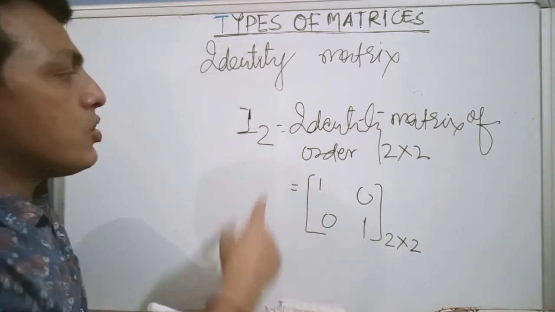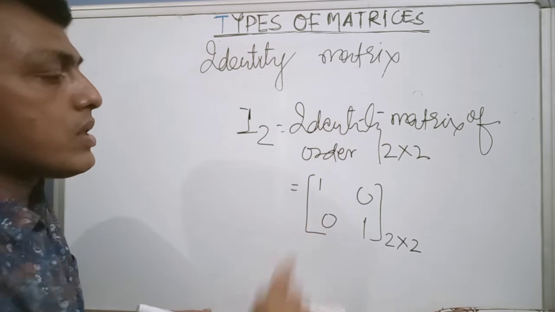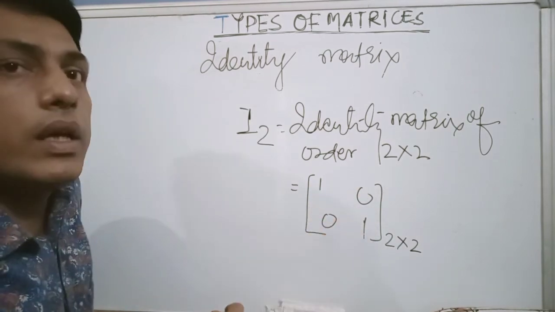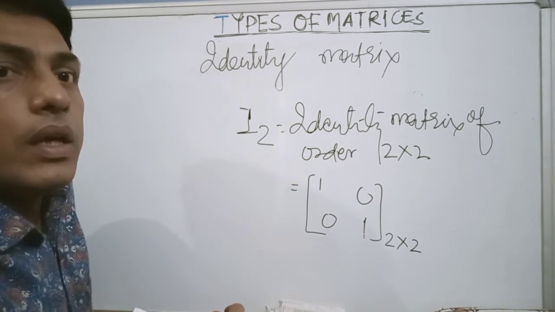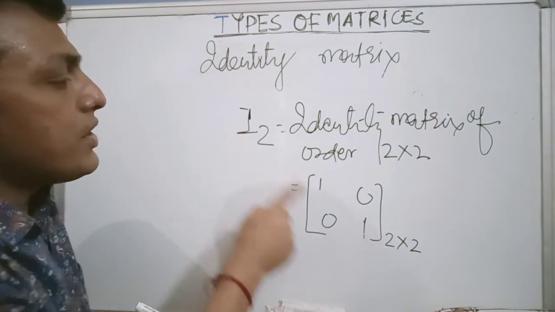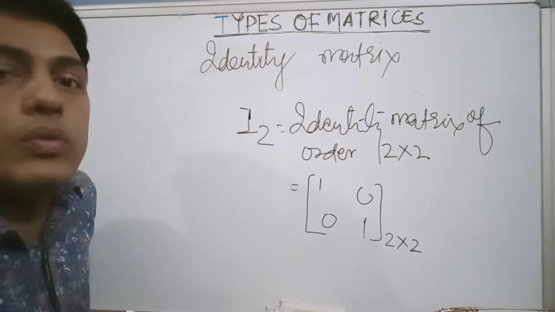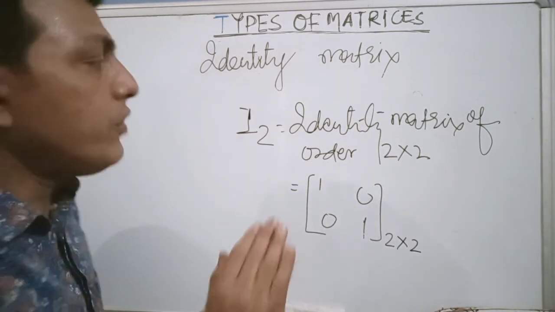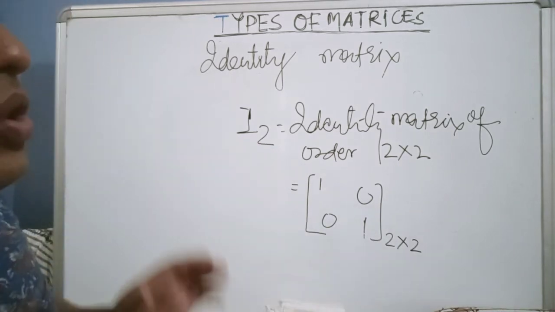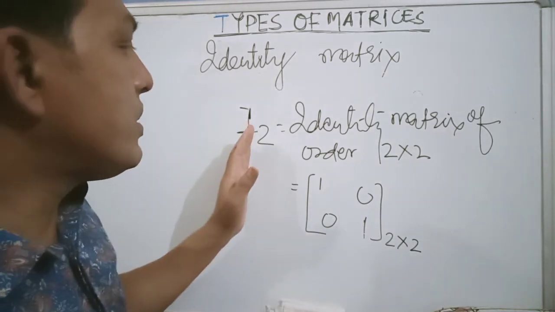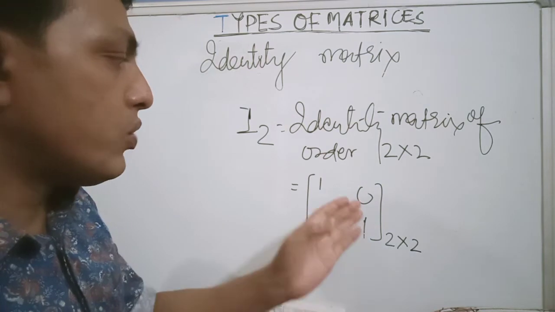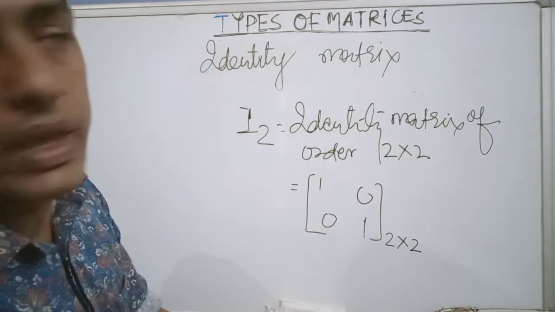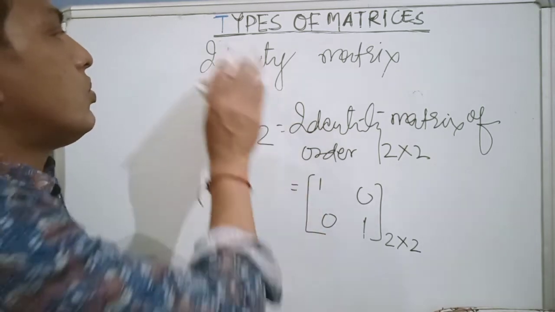All right, so this is the identity matrix 1 0 0 1, the identity matrix of order 2 by 2. So actually we don't have to use I3, only till I2. I2 means identity matrix of order 2 by 2, and this is the identity matrix. Correct?